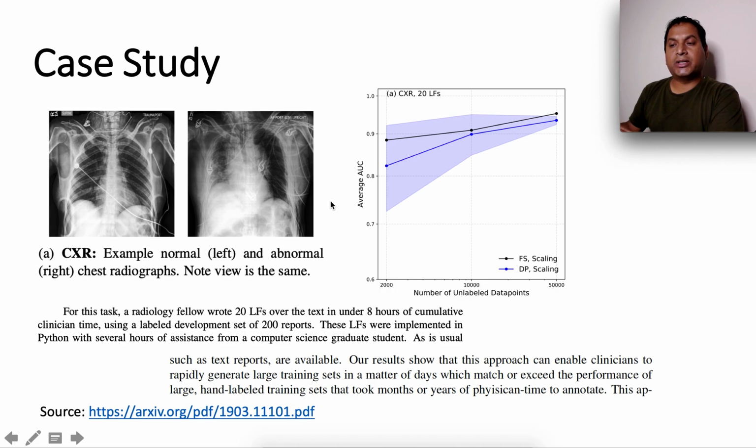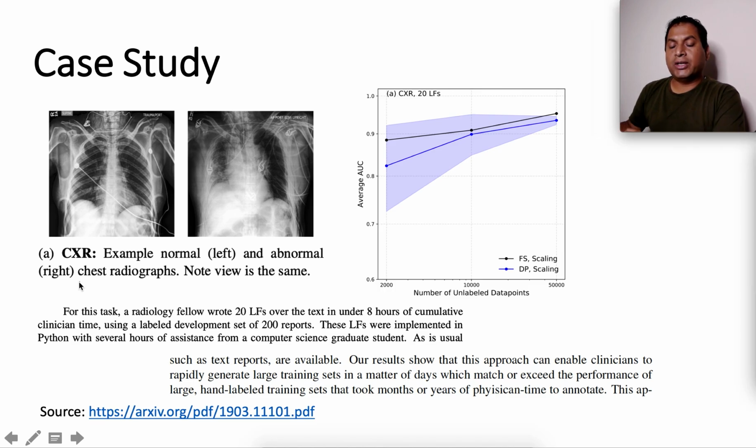There are many case studies where it is empirically found that the accuracy obtained from using labels generated through weak supervision, like labeling functions, is almost similar to that of labels created using hand labels. But the effort required to create those labels through labeling functions is significantly lower.